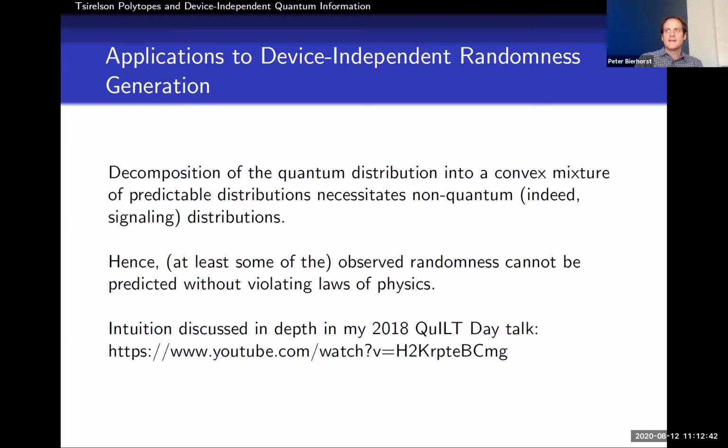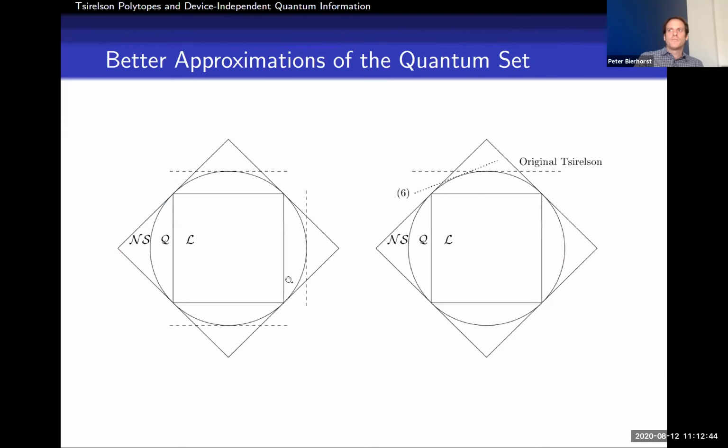But the basic idea is that when we're trying to determine whether a particular function witnesses the presence of randomness, we can prove that it is valid for all quantum distributions by proving only that it's valid for these distributions that contain the quantum set in their convex hull.